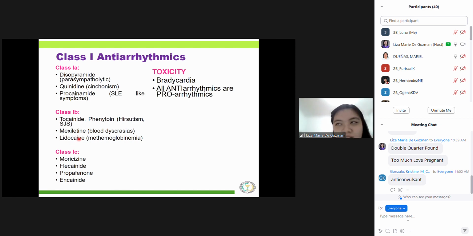Again, in terms of its cardiac effects, lidocaine is the least cardiotoxic among these antiarrhythmic agents. So tocainide, phenytoin, too much love: mexiletine, which somewhat resembles the effect of lidocaine, and then love, lidocaine, causing methemoglobinemia. And then P is for pregnant, phenytoin.